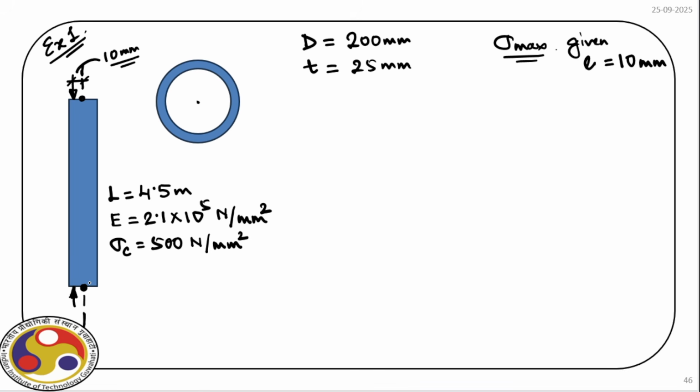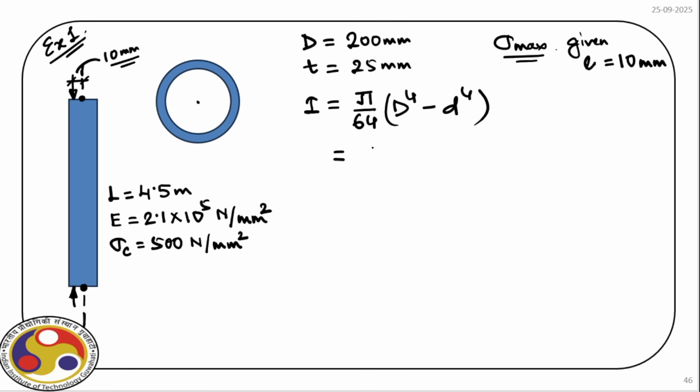Okay. So now let us first find out the moment of inertia and cross-sectional area. So moment of inertia I for this circular hollow cross-section is pi by 64 D to the power 4 minus small d, that is the inside diameter, to the power 4.